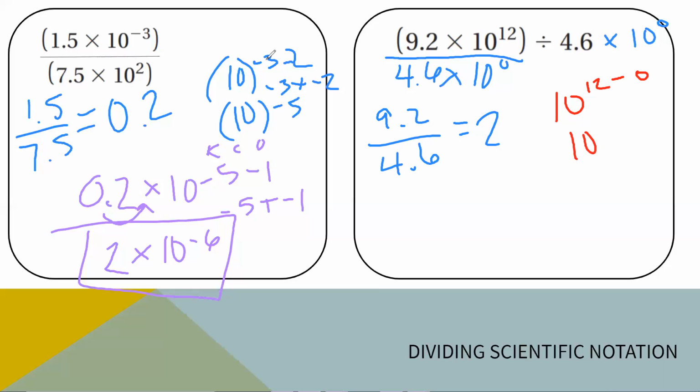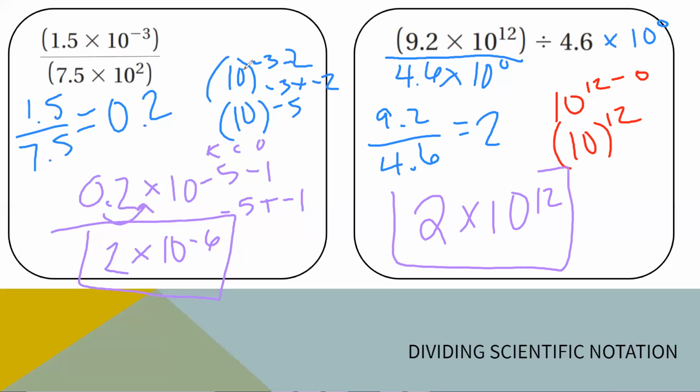And I know that that's going to equal 10 to the 12th. Now I'm going to put those together. I know my factor is 2, and then I'm going to always multiply it by 10, and this time it's to the 12th power. That number is written in scientific notation, so there's nothing more that we need to do.